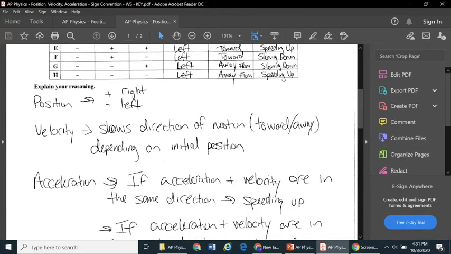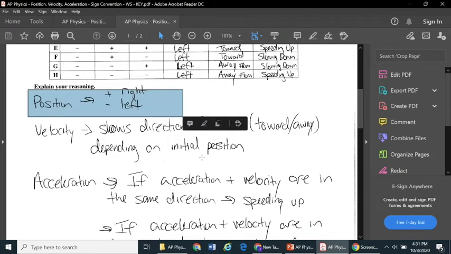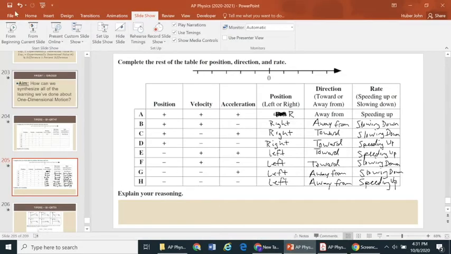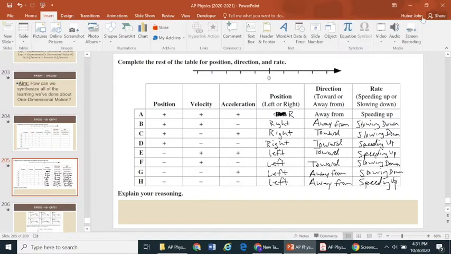Well, your answer should look a little something like this. And so we can say here the position can be determined by whether the sign is positive or negative, because if it's positive, that means the object is to the right of the origin, and if it's negative, that means it's to the left of the origin. So I'm actually going to go back here, and I'm going to insert a text box because those things are not full sentences.